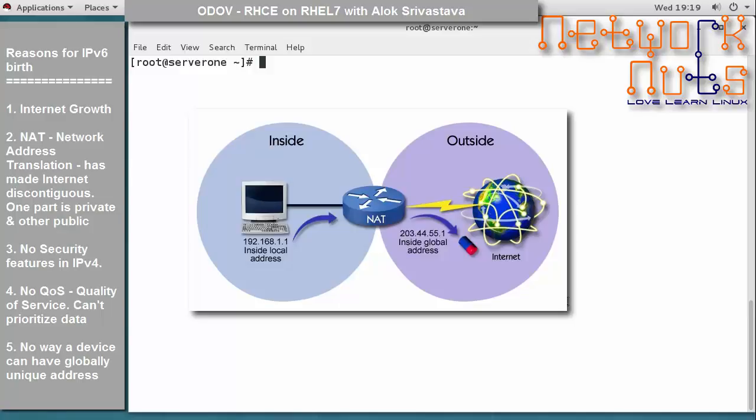The continuity was broken as the networks were divided into two parts: the private network using the private IPs, and then the public networks using the public IPs. So there is a discontinuity in the internet, as it's very clearly shown from the picture. There is one segment which is the private one, then another segment which is the public one. So we will be requiring some NAT configuration or the routers therein. So it breaks the continuity of the internet.